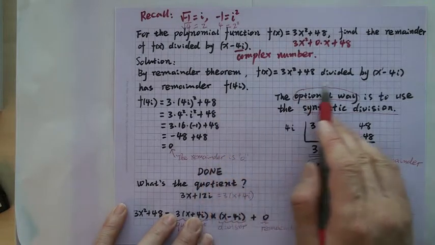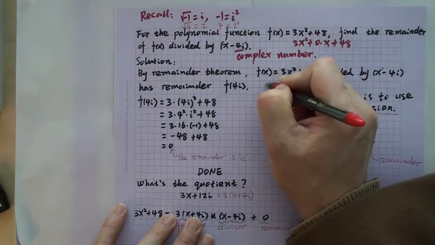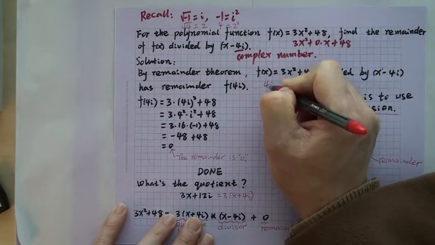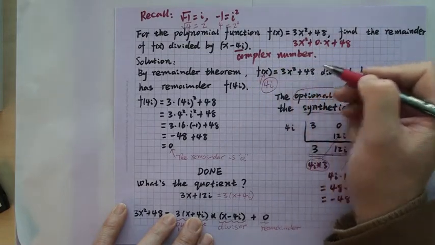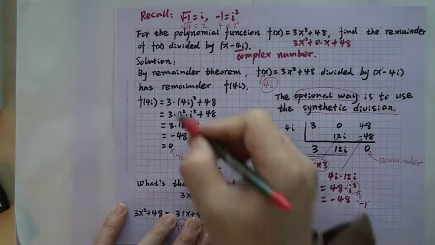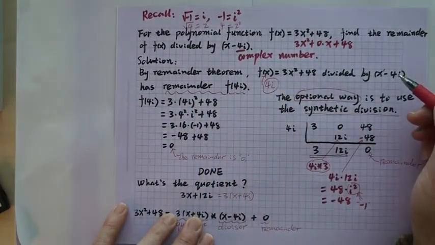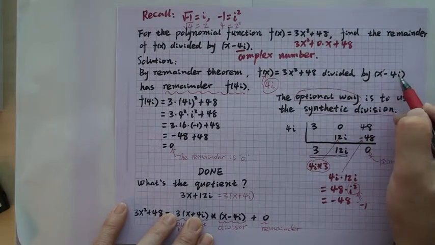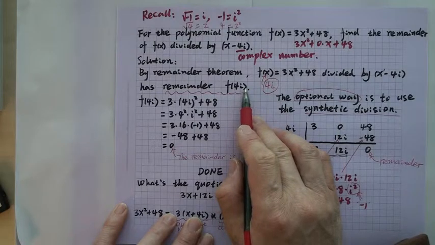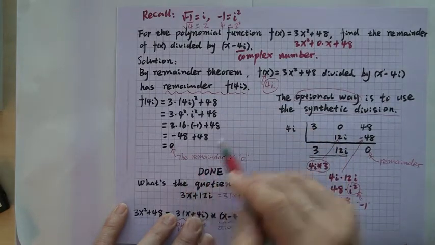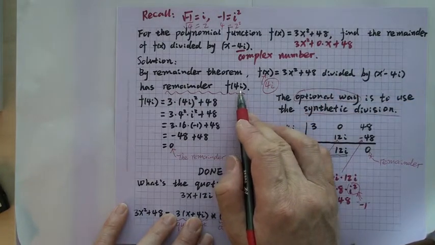You can directly plug in 4i into the polynomial, and you shall get the remainder. Since it is x minus 4i, you plug in positive 4i. If here were plus, then it would be negative 4i.